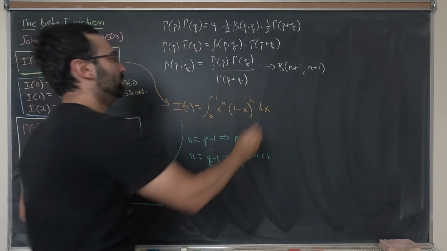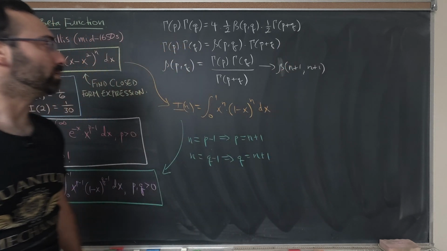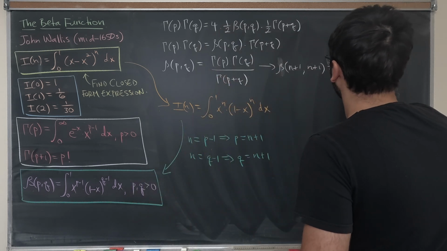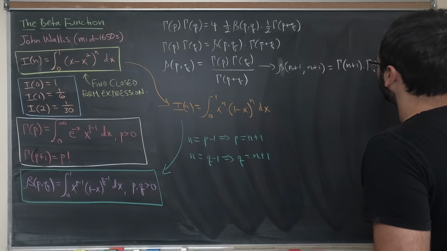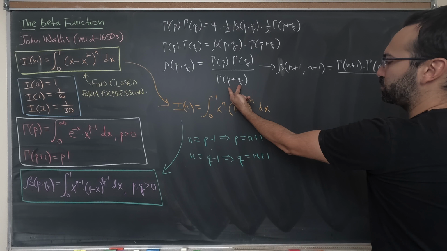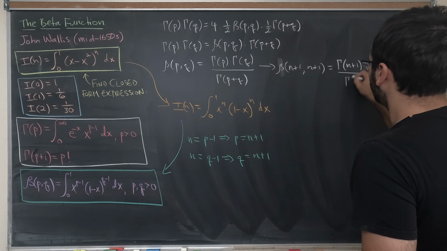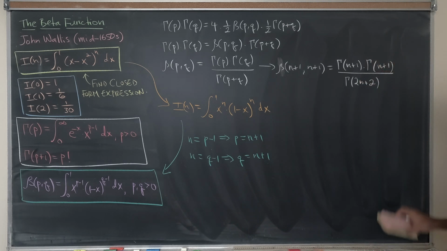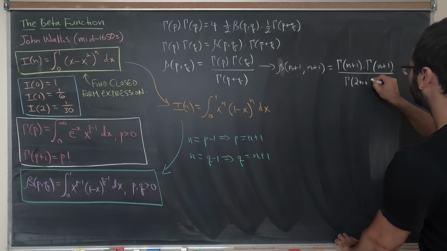So beta of n plus 1 and n plus 1 equals gamma of n plus 1 times gamma of n plus 1 again, divided by, well, p plus q, n plus 1 plus n plus 1 is 2n plus 2. So we get gamma of 2n plus 2. But we can just write that as 2n plus 1 plus 1.